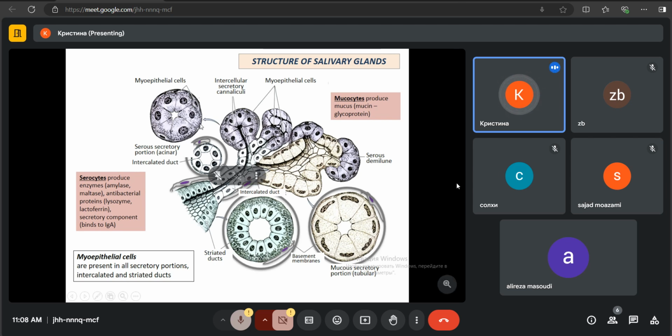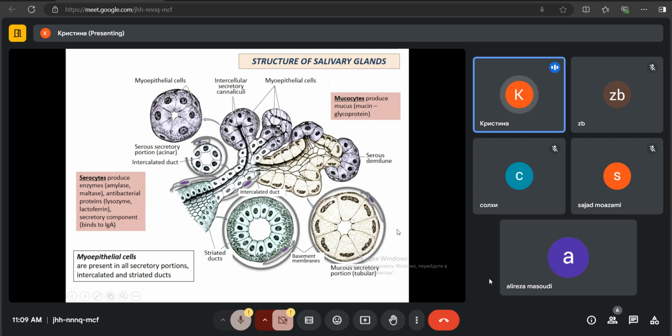In those processes, they have the contractile actin and myosin microfilaments, and when the cells receive a signal, for example, the hormone oxytocin, they can contract, and this causes the squeeze of the secretory portion and release of secretory granules from the cells, serocytes and mucocytes, into the lumen of the secretory portion and then into the ducts.